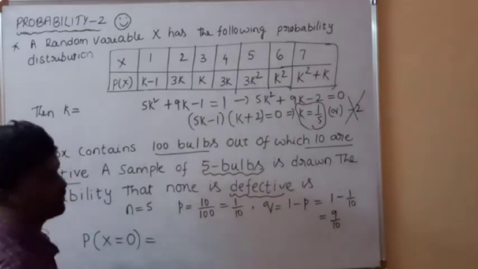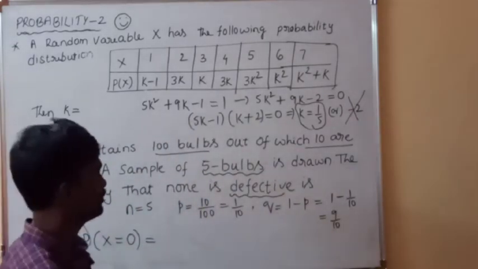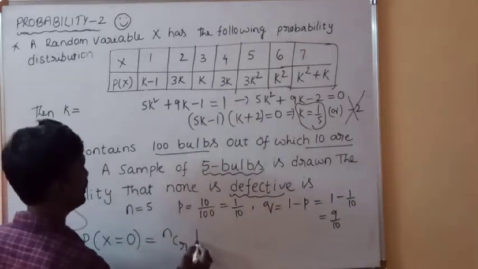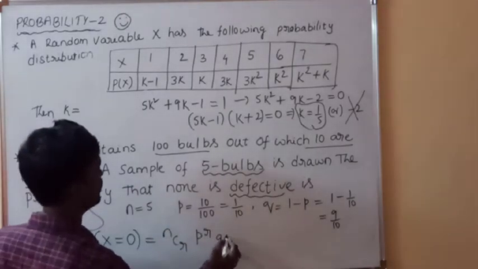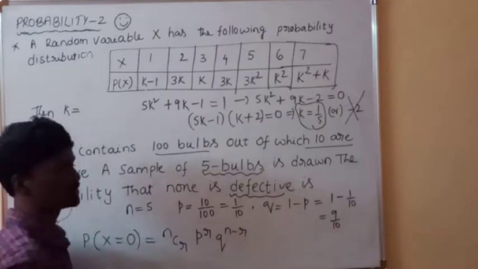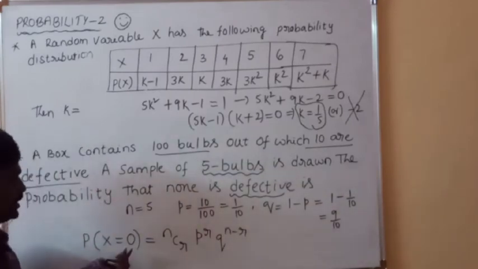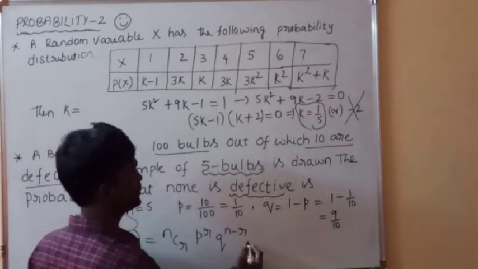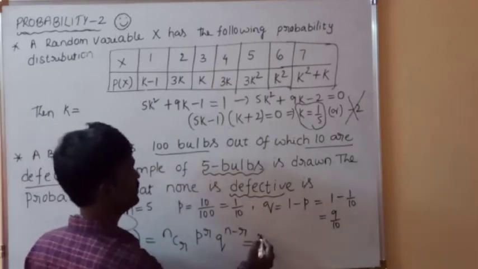So what is the formula? Probability of X is equal to r formula: nCr p power r into q power n minus r. Am I correct? This is the formula only. But here what is the r value? 0. So substitute the values. nCr, what is the n value? 5.